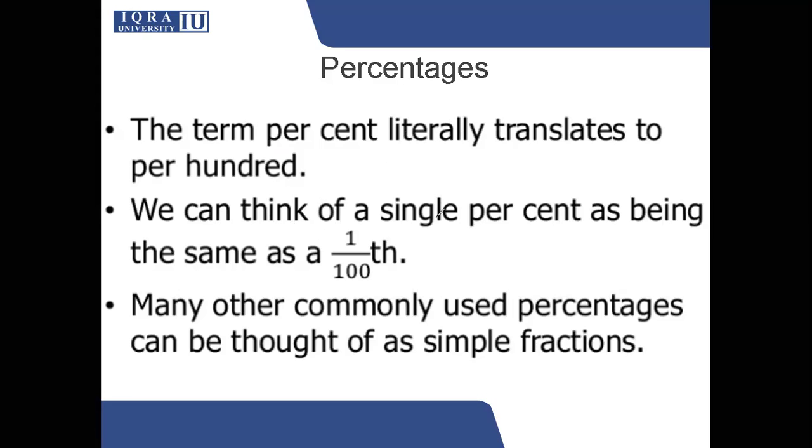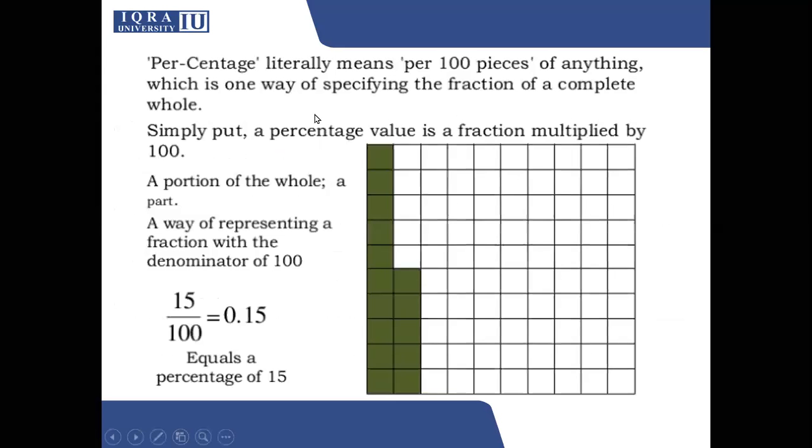We can think of a single percent as being the same as 1 by 100. Basically, 1% is 1/100th, right? And many other commonly used percentages can be thought of as simple fractions. Percentage literally means per 100 pieces of anything, which is one way of specifying the fraction of a complete whole.